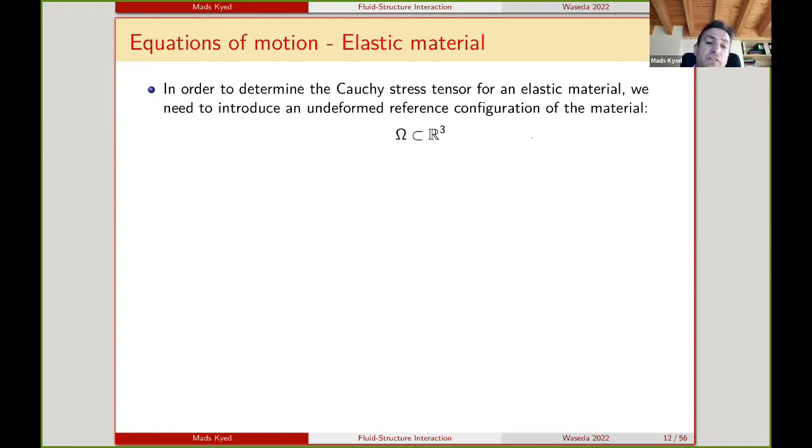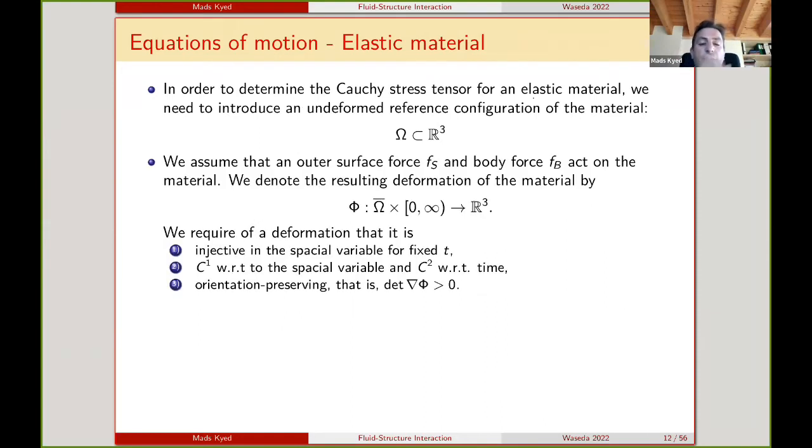In order to do this, we need a reference configuration of the material. So we need to know what the material looks like in an undeformed state. It's actually important that the reference configuration that we consider is an undeformed state of the elastic material. Okay, so we need this information to derive a Cauchy stress tensor.